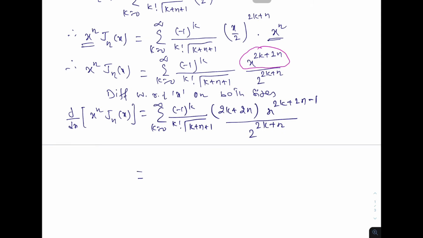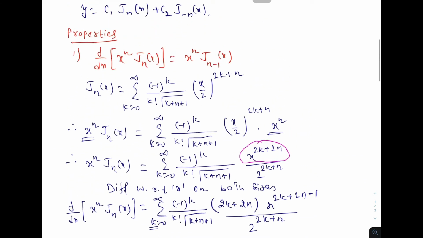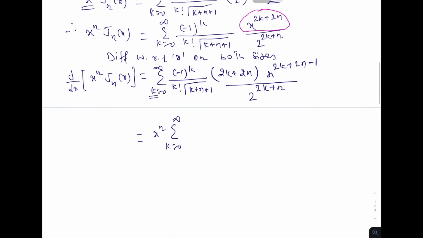Now this series sign is for k. So from here we take x power n outside. Series is for k, so we can take x power n outside. Why? Because you can see that the answer has the form x power n into J n minus 1, minus 1 power k. Now this is k factorial. Now gamma, we know the formula, gamma n plus 1 equal to n gamma n.